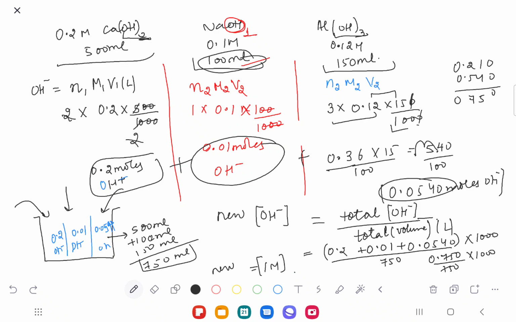Oh, it is 0.05. Some calculation mistake. It is 0.0540, so it would be 0 and 4 and 6 and 2. Oh, it is 0.2640.